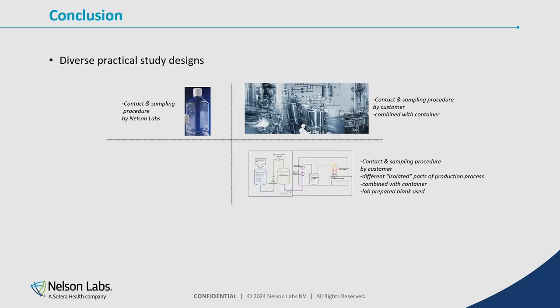Then we've discussed two different case studies for which there was in-process sampling by the sponsor. And in the second one, we did a comparison versus a lab-prepared blank. And then the last one was actually a simulation of the real use contact that we did at Nelson Labs.